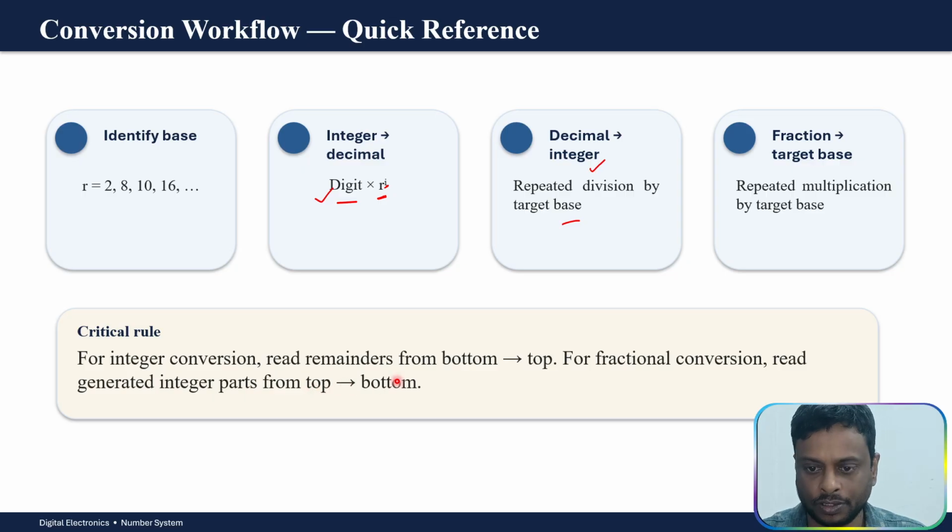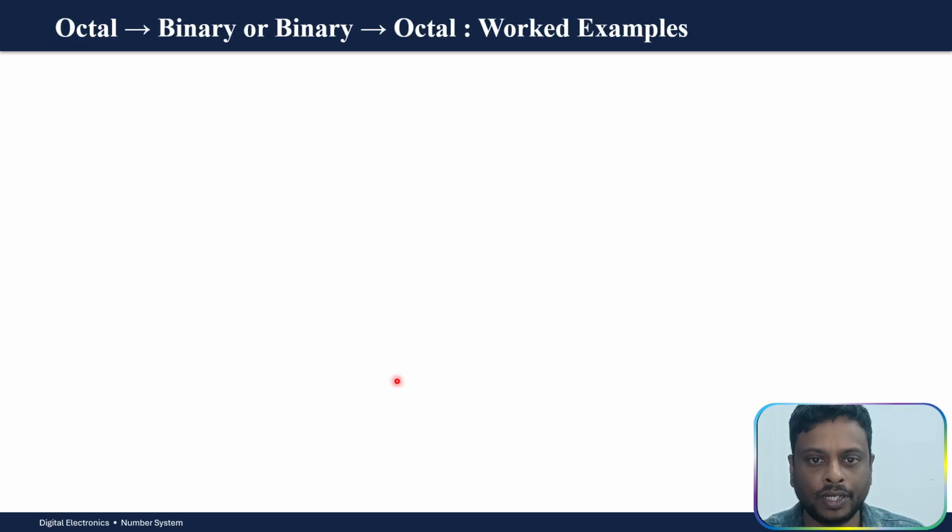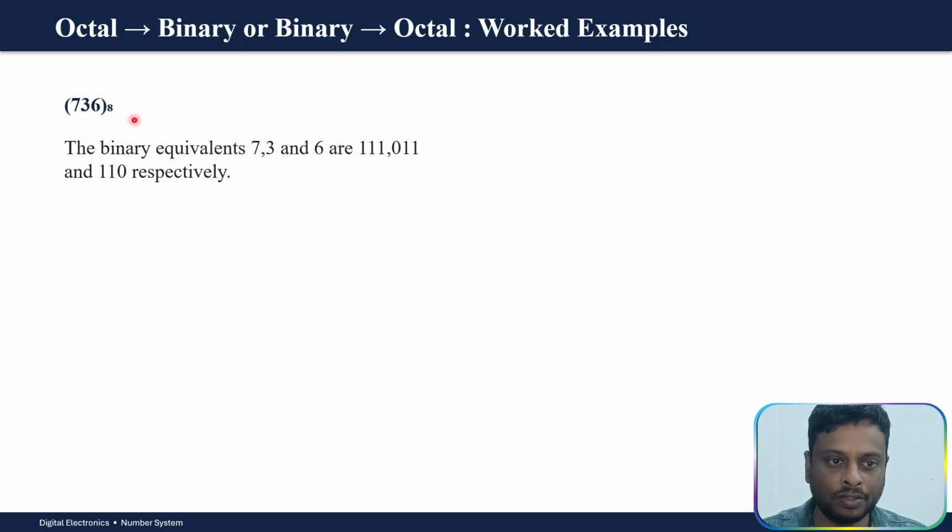Okay. So next one is octal to binary or binary to octal. This is the octal number system. You need to find out the binary number system. So you just take the binary equivalent. What is the binary equivalent of 7? It is 111. Similarly, what is the binary equivalent of 3? It is 011. Likewise 110 for 6.